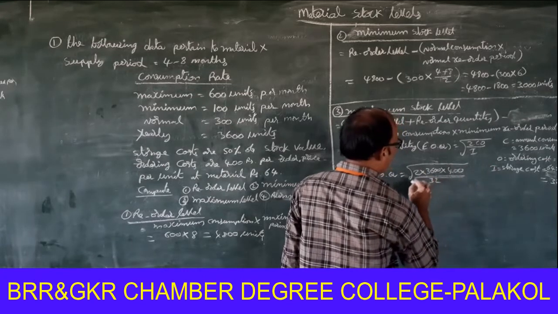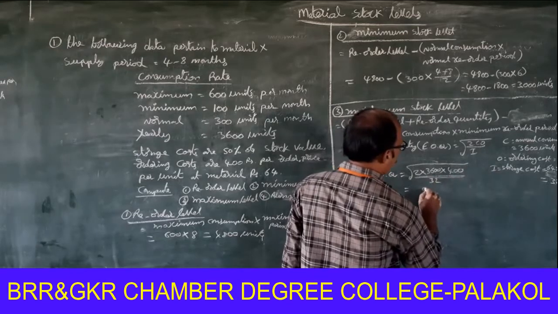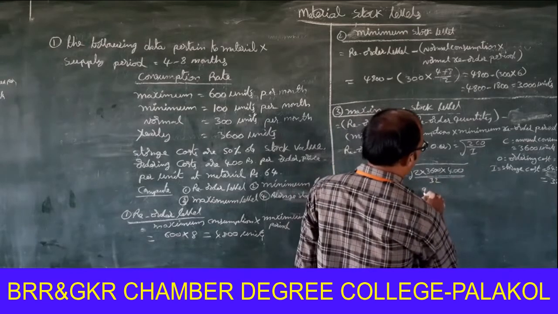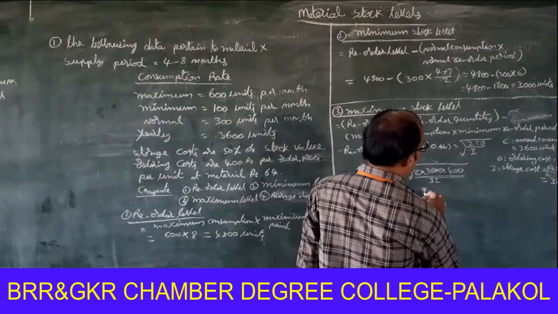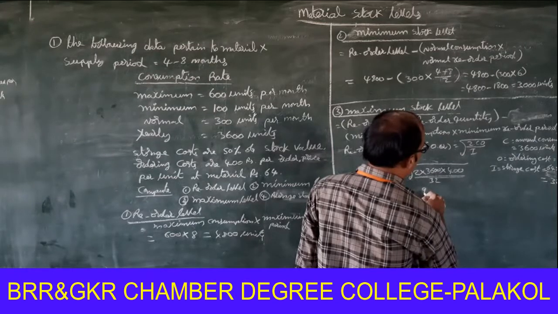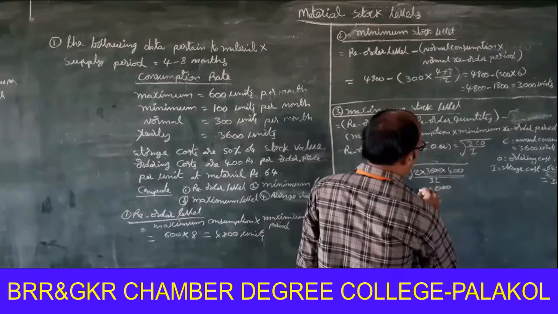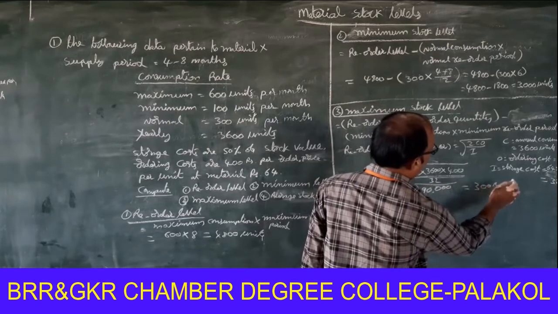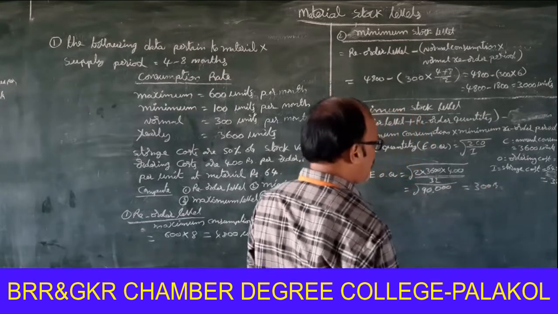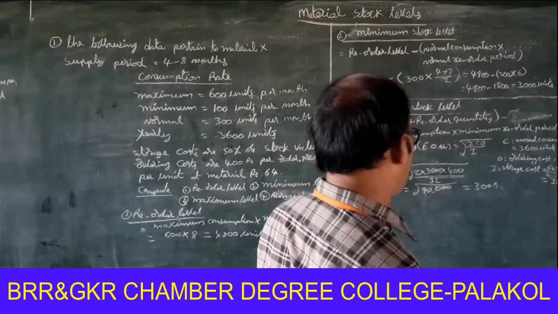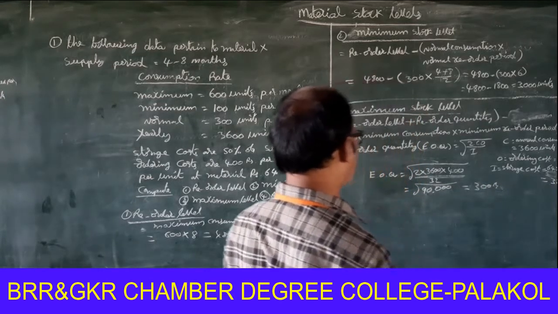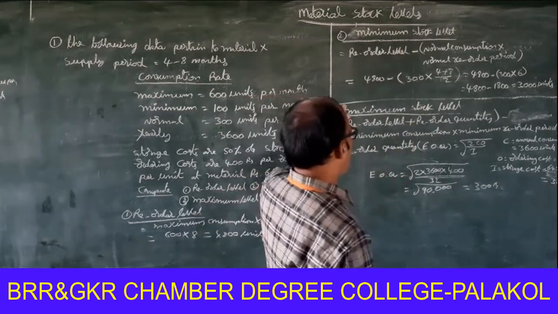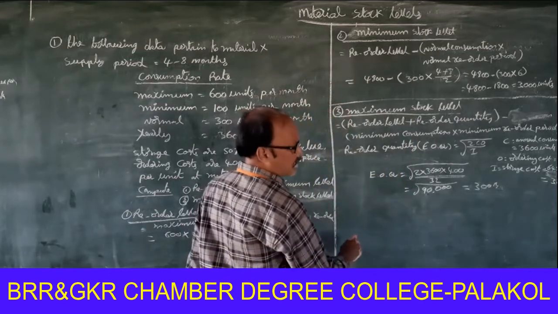That is equal to root of 90,000, that is equal to 300 units. That is the EOQ.